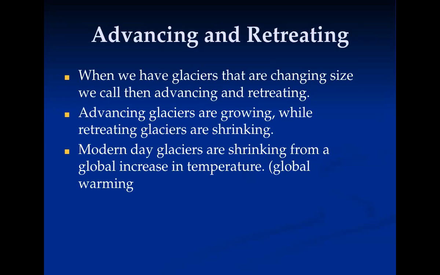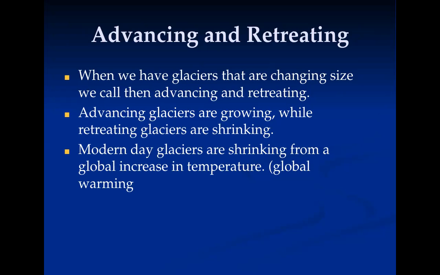So some advancing and retreating. So when we have glaciers that are changing size, we call them advancing and retreating. So advancing glaciers are growing while retreating glaciers are shrinking. So think advance, move ahead, right? So we're growing. And then if we are retreating, that means going backwards.